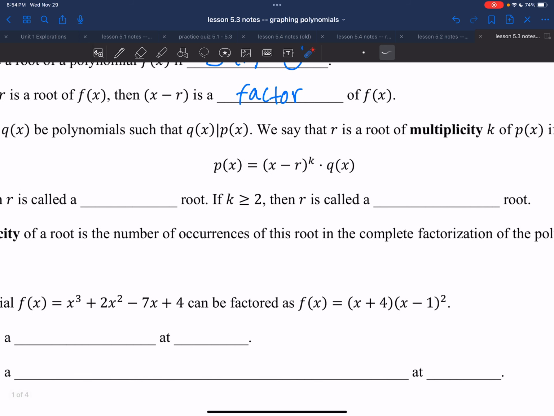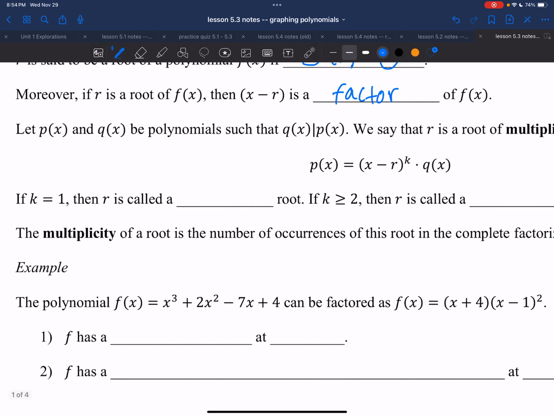So anyway, you don't really care about this. You're focused on this factor here, right? X minus r is the factor where r is the root. K is called the multiplicity because it's the number of times the root occurs. So if k is 1, then r is called a simple root.